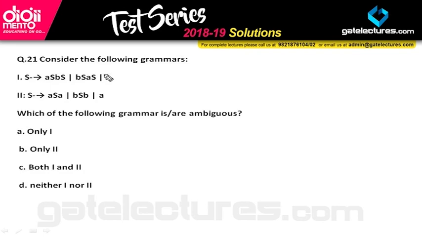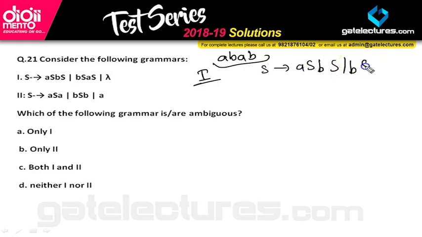Let's say I want to derive the string a b a b, and I'm talking about the first grammar. S derives a S b S, or b S a S, or epsilon, or lambda you can say.